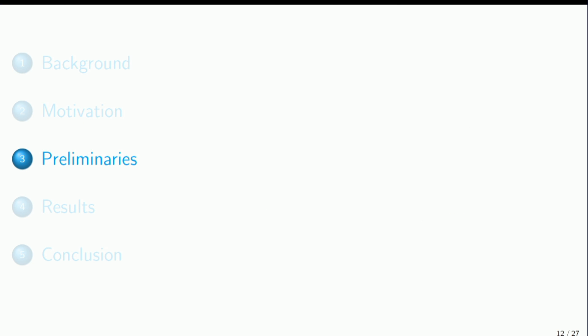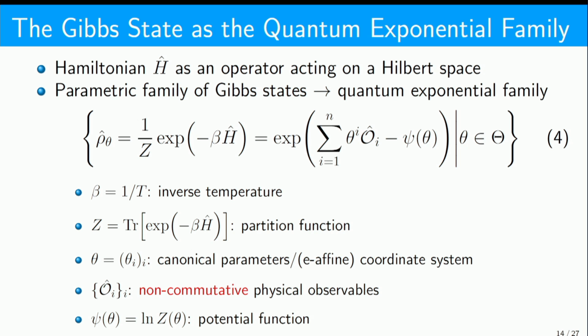And before presenting the results, I move on to preliminaries to explain some notions in mathematics in more detail. First, about the Gibbs state, the quantum counterpart version of the Gibbs distribution. In quantum mechanics, the Hamiltonian becomes an operator acting on Hilbert space.